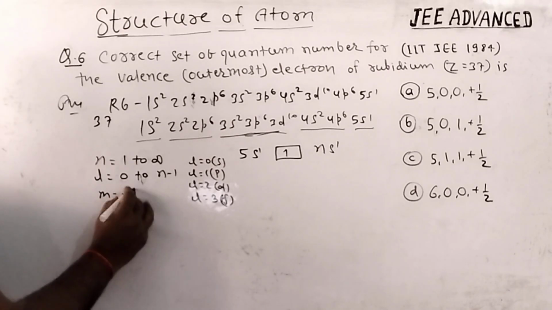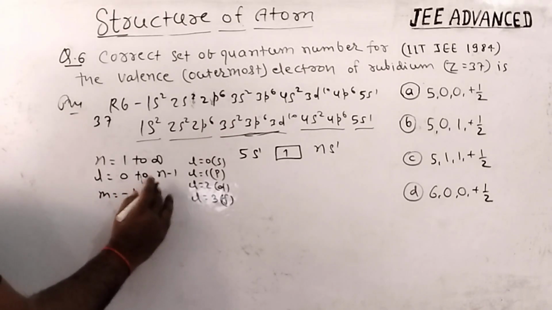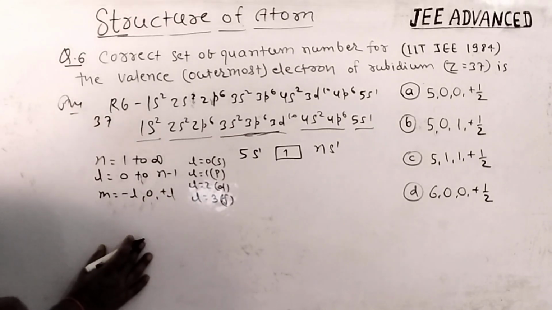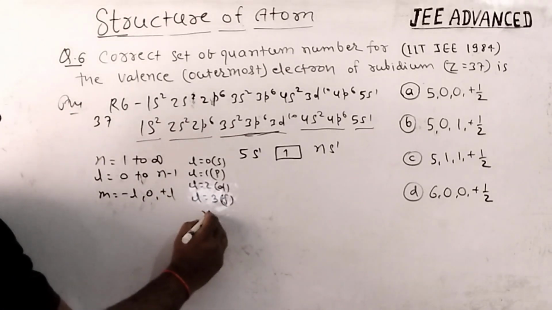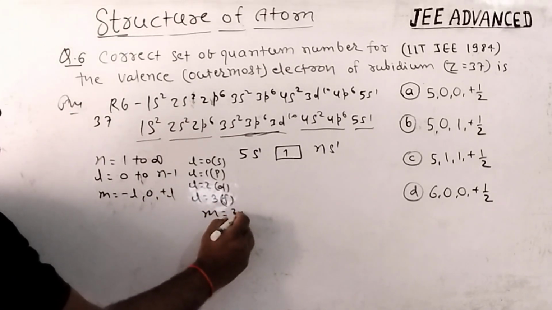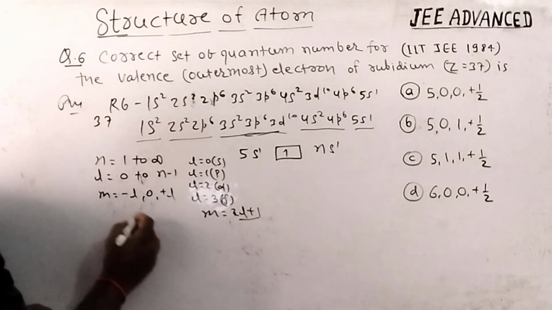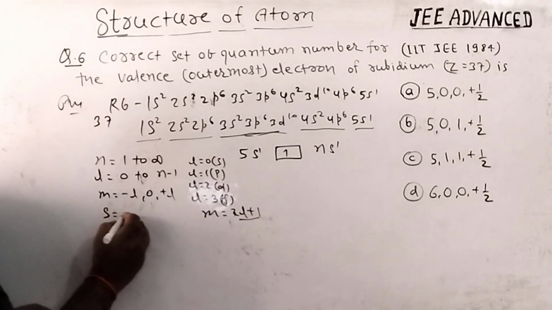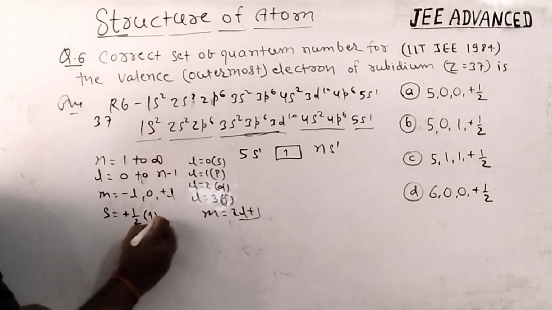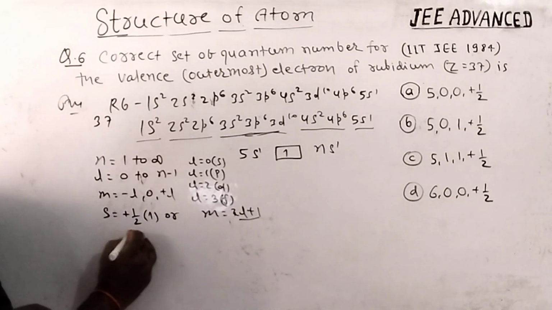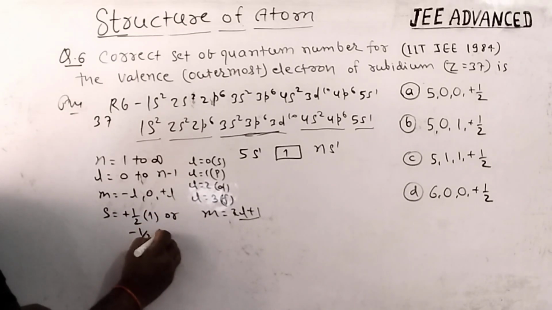The value of m is minus l to 0 to plus l. Okay, the number of values of m is 2l plus 1. Now s is plus or minus half: plus half for clockwise spin of the electron on its axis and minus half for anti-clockwise spin of the electron on its axis.